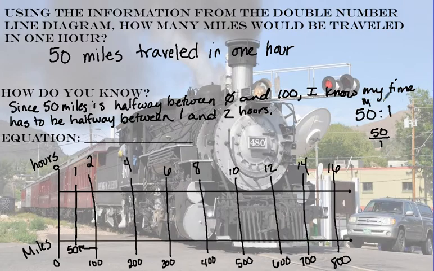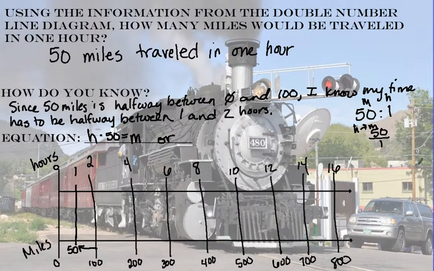Since I did miles to hours, I know that to use this value, I would have to be going from hours to miles. So I know that if I take my number of hours and multiply it by the value of my miles to hours, so if I take my hours and multiply it by 50, it should give me my miles.